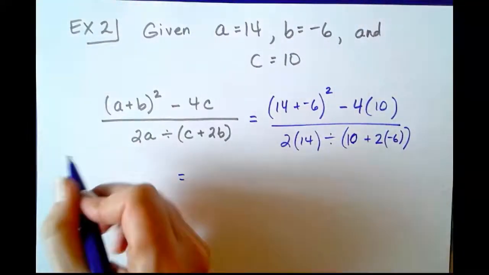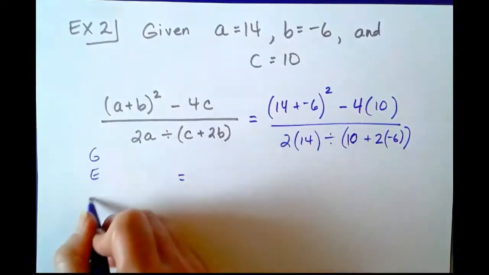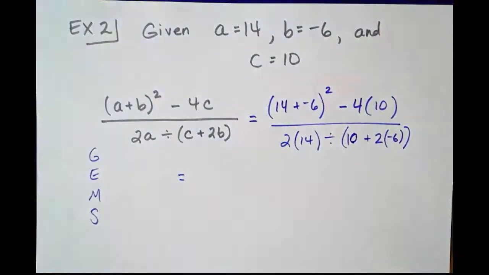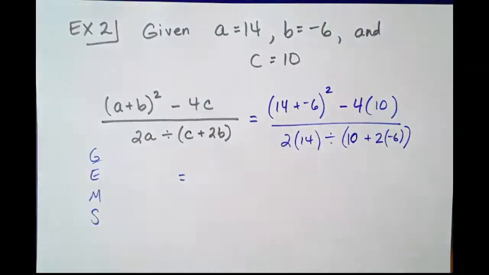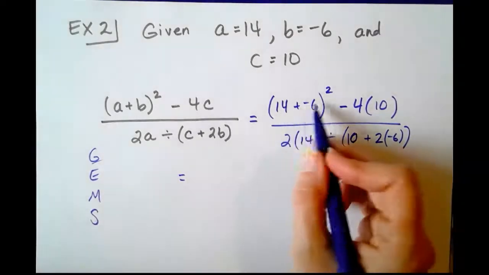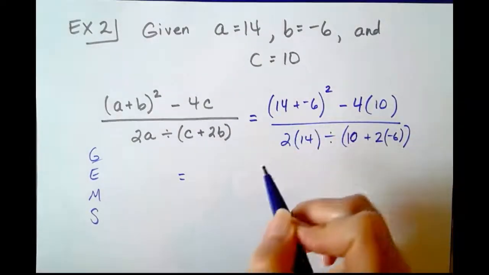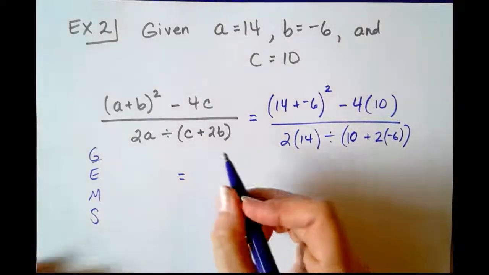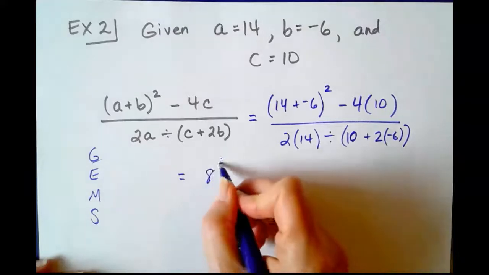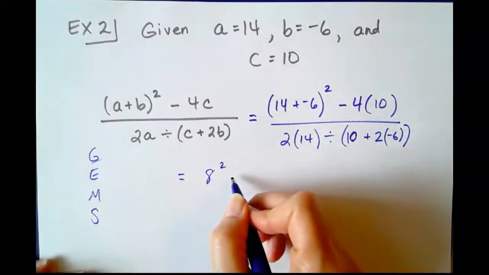So now we're going to follow G, E, M, S, and this one has a whole lot going on. So the first is G. Do everything inside the grouping symbols according to order of operations. So right up here on the top, 14 plus -6. 14 plus -6 is the same thing as 14 minus 6, and that is 8. 8 squared is going to happen next.